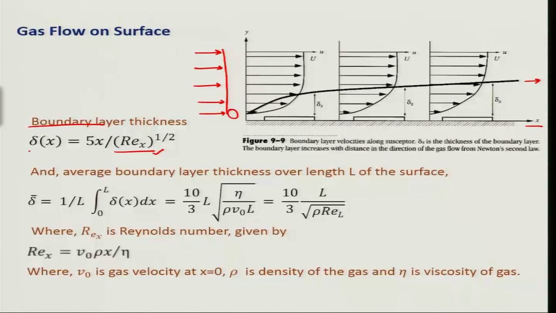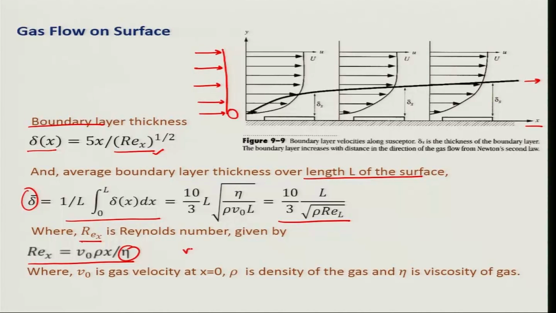This is the boundary layer thickness as a function of x. If we have a substrate of length L and we want to know the average thickness of the boundary layer, we can carry out this expression and find the boundary layer thickness, where Rex is a Reynolds number which depends on the viscosity of the gas.